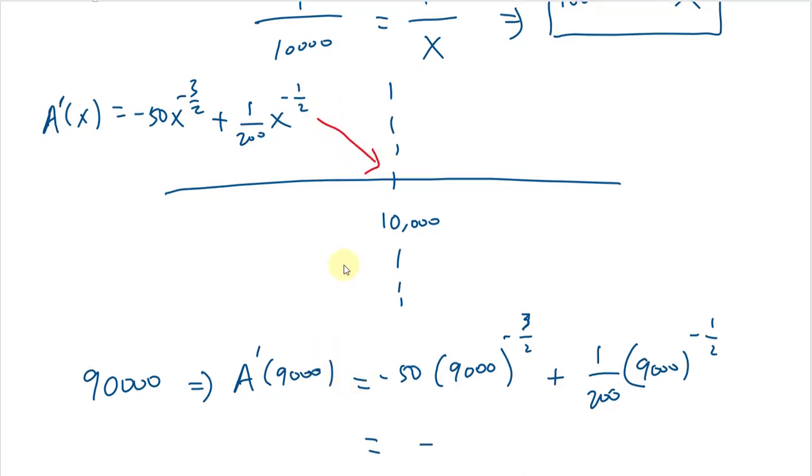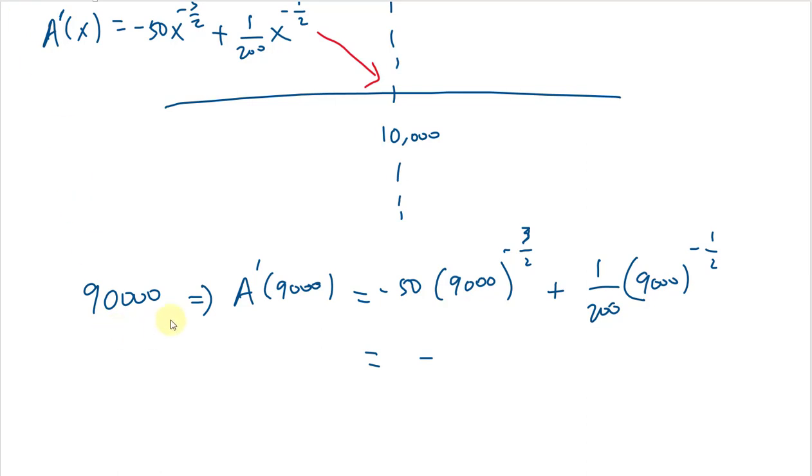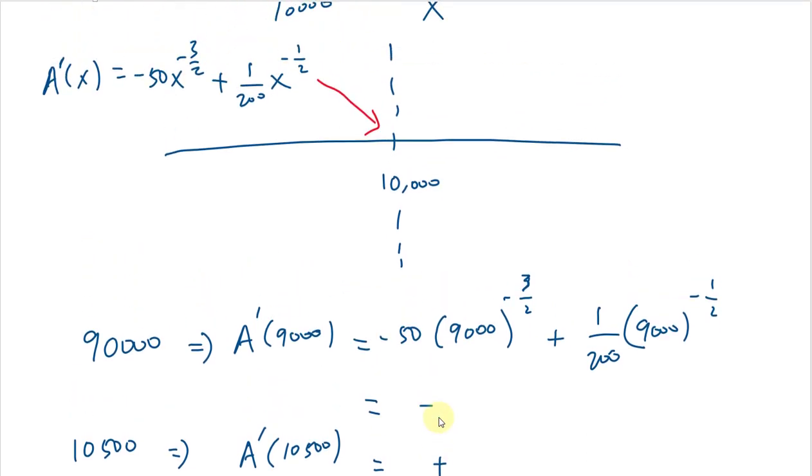And then if I use another value on the right side of 10,000, for example 10,500, so I plug that into A prime, the same function here, I should get a positive value after using the calculator to do the testing.